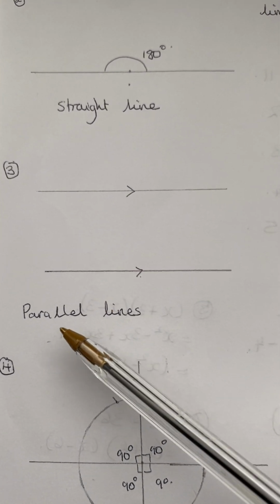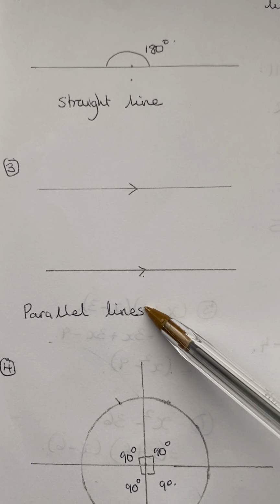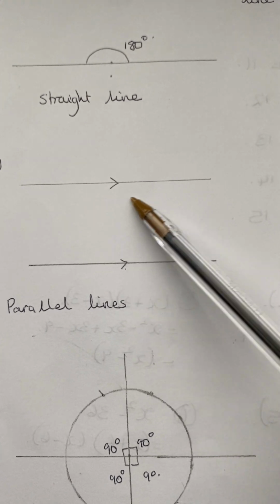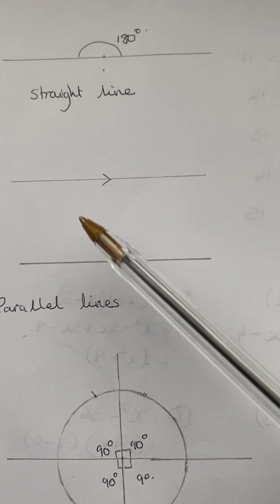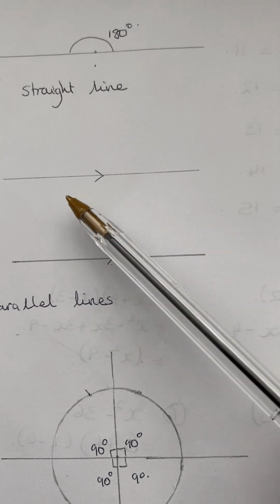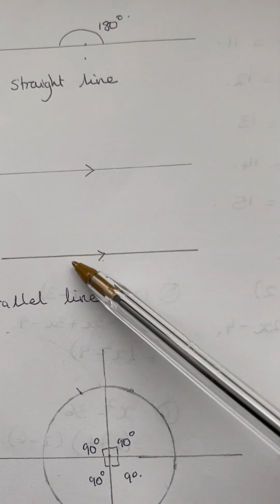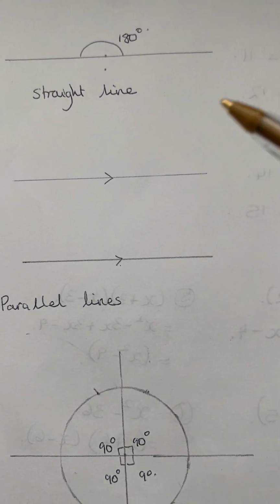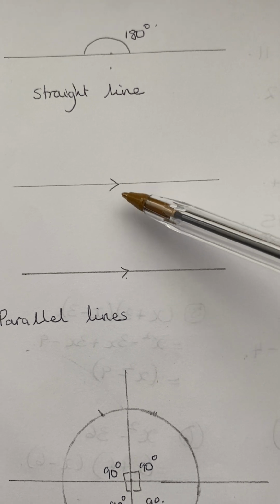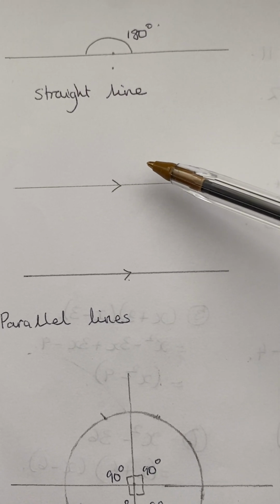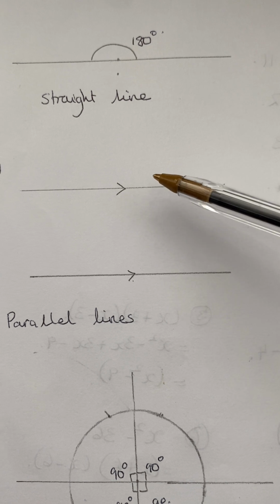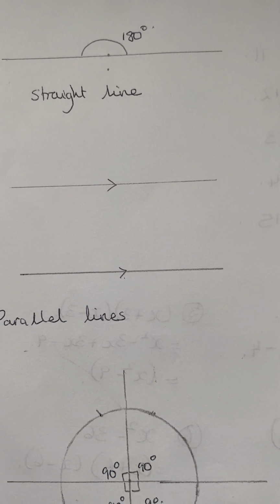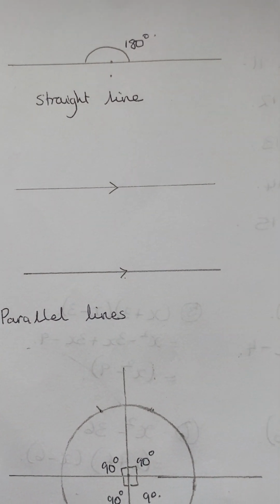Now 3, I want us to look at parallel lines. So like the end of two roads, they are parallel, they are traveling in the same direction, because we will need this to talk about other types of angles, and I'll have to show you which ones are equal and which ones are not, so that when you start solving complicated angle questions, you can apply that to find the missing angles.